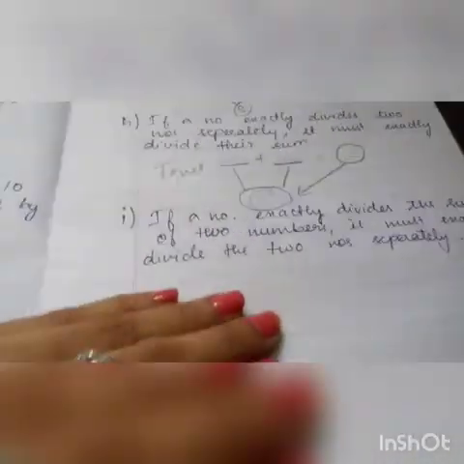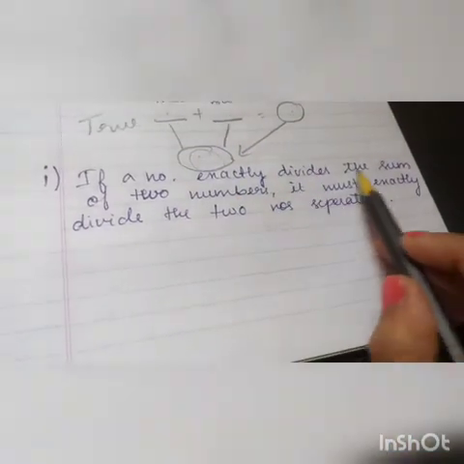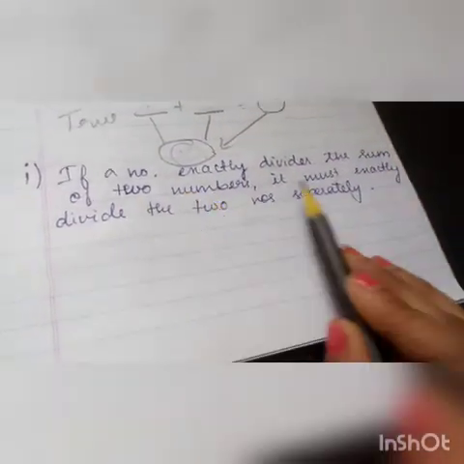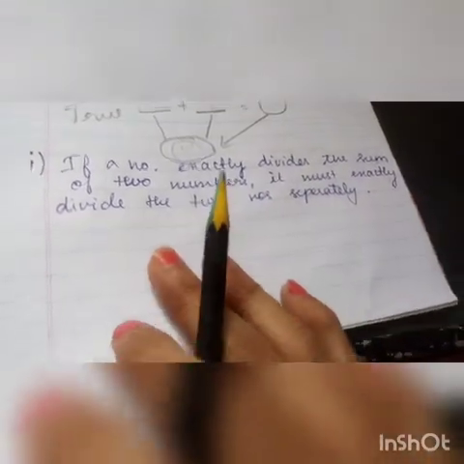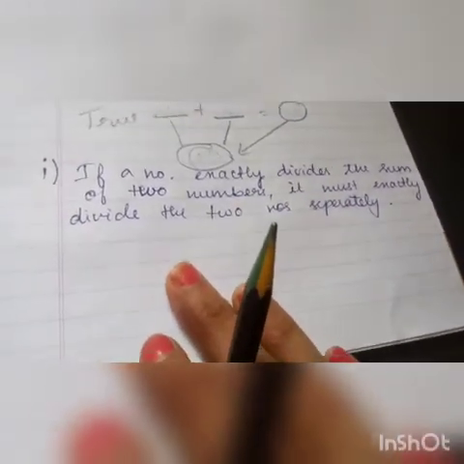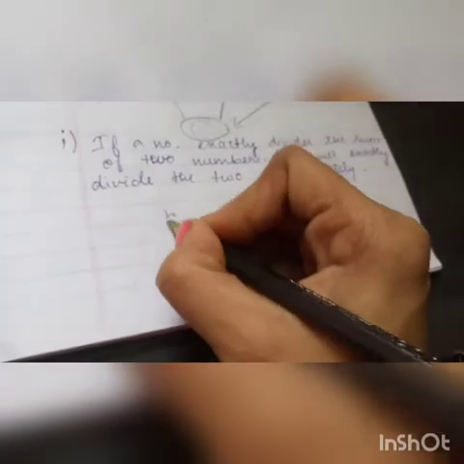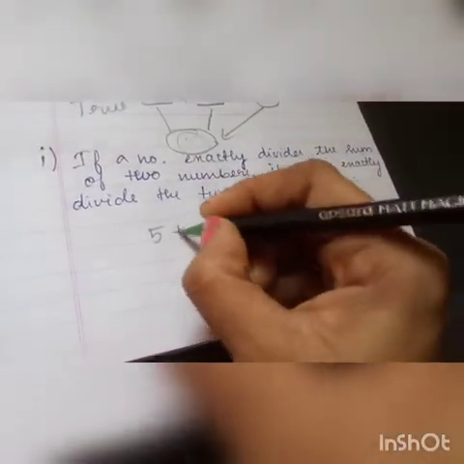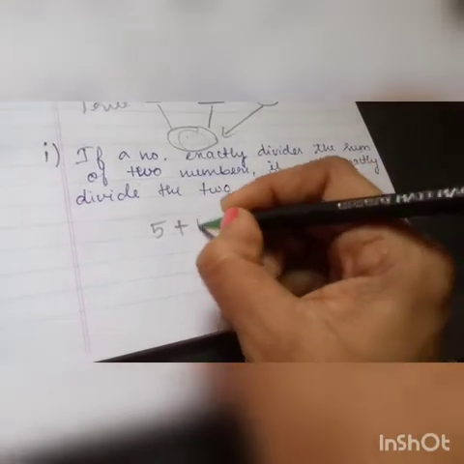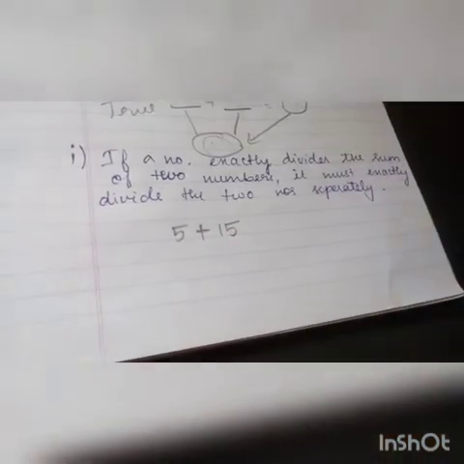What is your I question? If a number exactly divides the sum of two numbers, it must exactly divide the two numbers separately. Let's check and see. I'll take 5 plus 15. Is it possible?